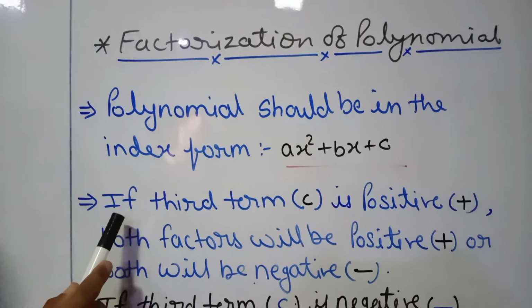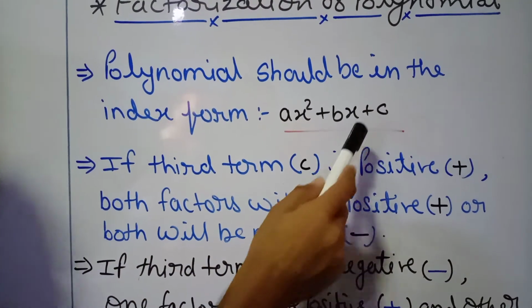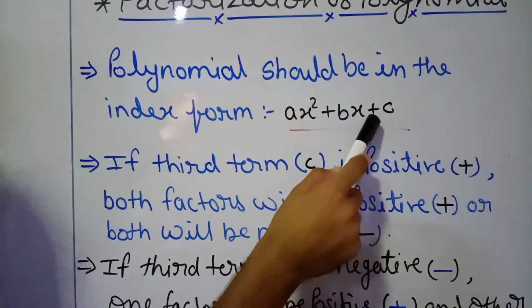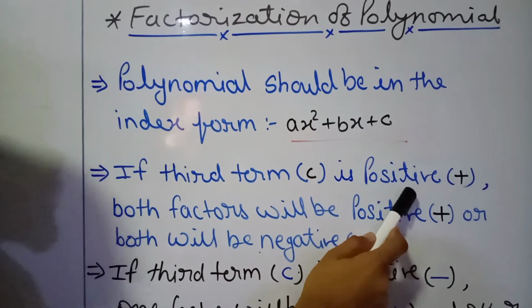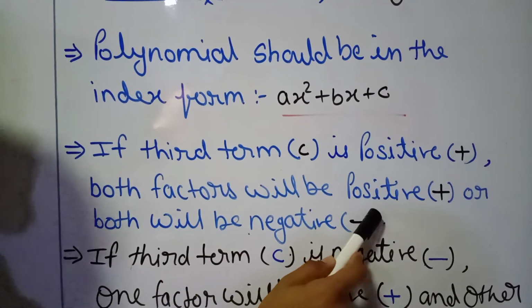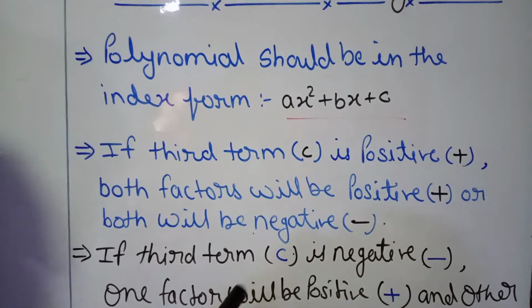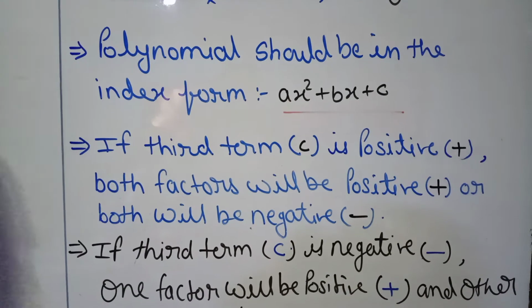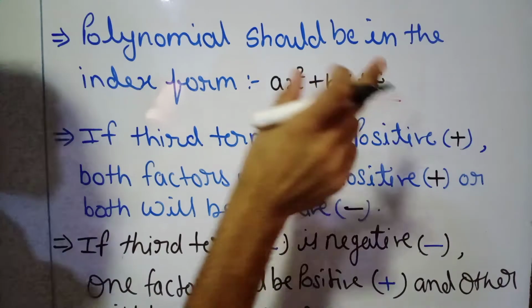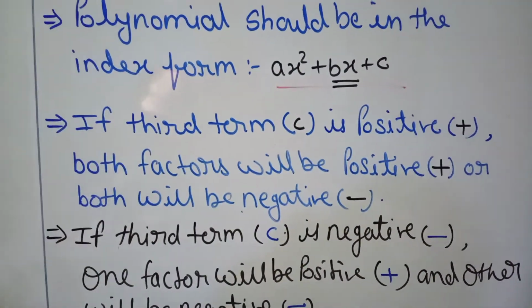The next one: if the third term, that is c, is positive, in our example plus c, then both factors will be positive or both will be negative. Means we are always going to do the factorization of c, and the two factors we get should add up to the middle term.